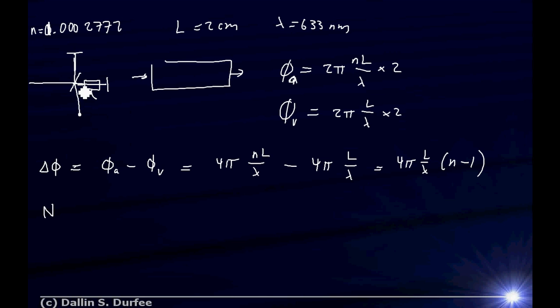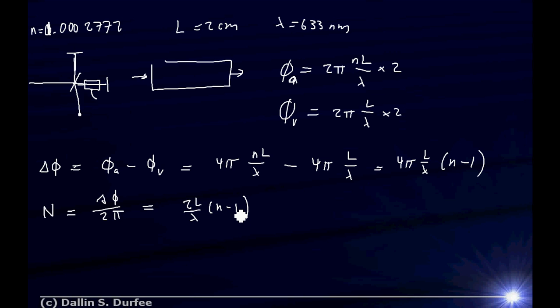Every time the phase of this beam changes by 2 pi, we're going to go from one dark fringe to the next dark fringe. So the number of dark fringes we go through is just this thing divided by 2 pi. Every 2 pi, every 360 degrees, I go from one dark fringe to the next. If I take this and divide by 2 pi, that's just going to be 2L over lambda times (n minus 1).